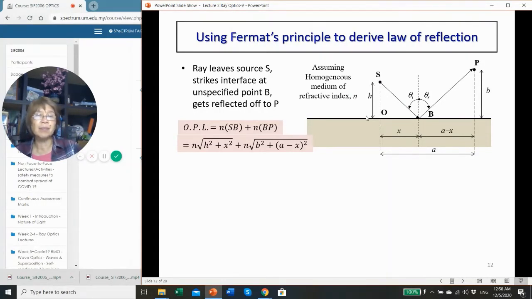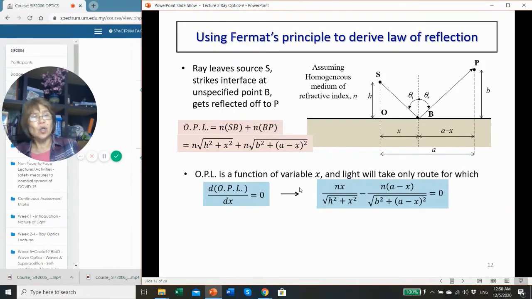So we have n, taking Pythagoras' theorem. Now this distance would be the root of H squared plus X squared. Over here you have the root of (A minus X) squared plus B squared. So the OPL, which is the optical path length, is a function of X, right?